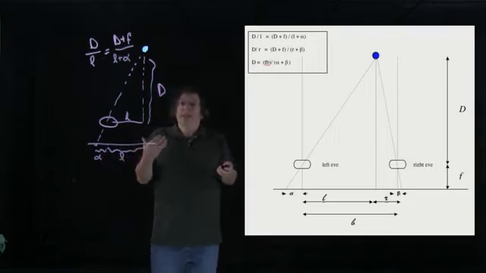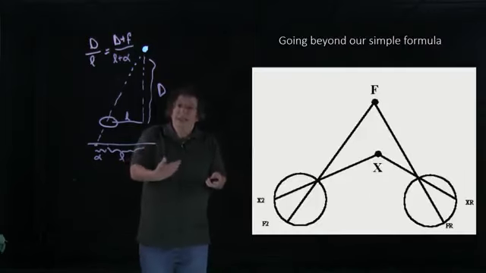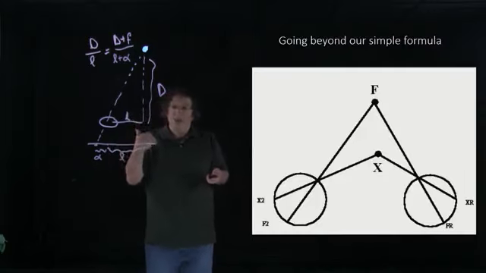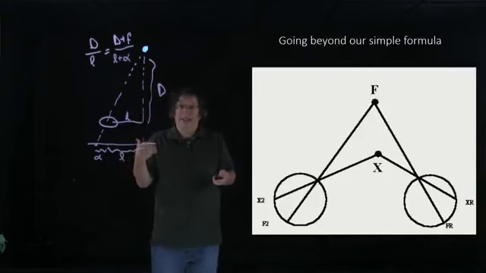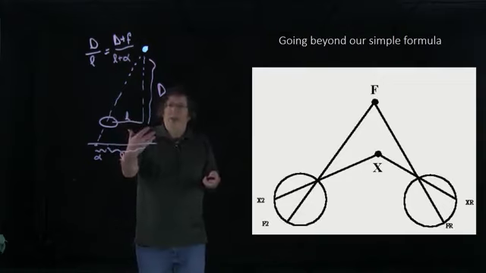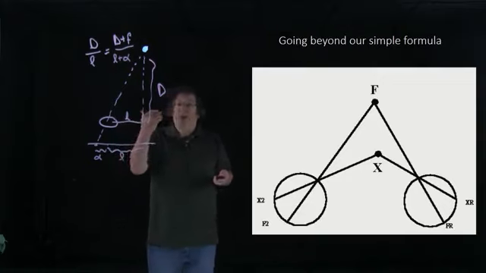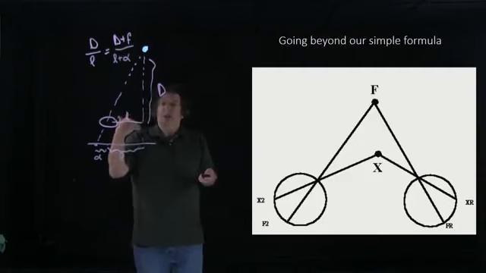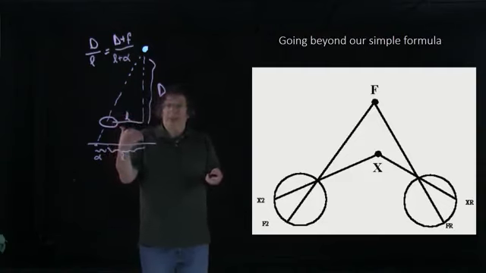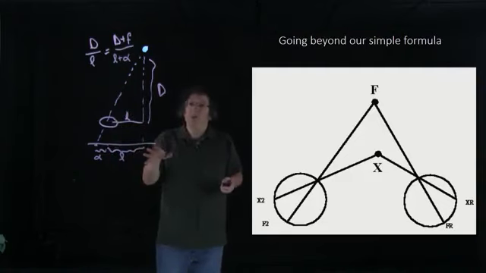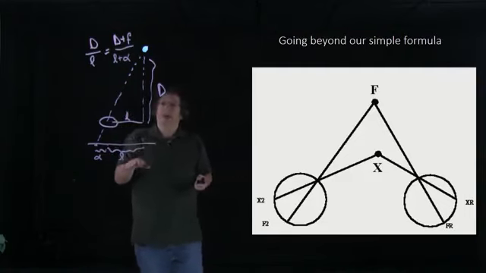And also, I should say that this diagram takes into account that the resolution on our retina is not constant. If we really want to focus on a particular point out in space, we'd like that point to project not just anywhere on the retina, but on an area toward the center of the retina, the fovea, which has high resolution. But we won't get into all those details now.